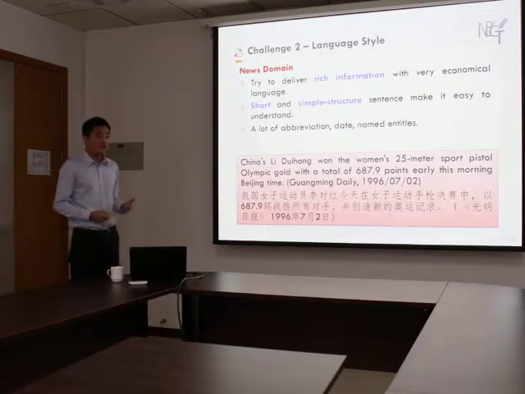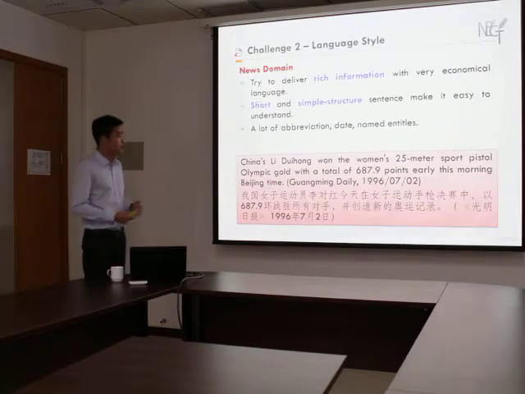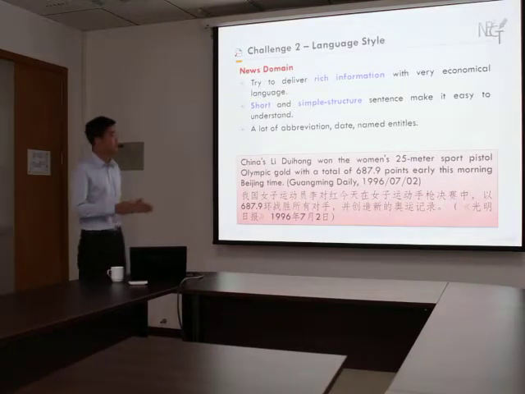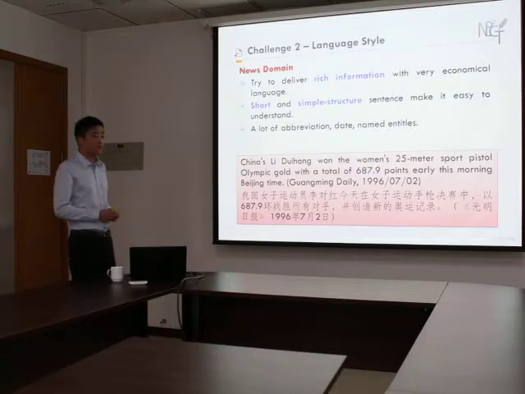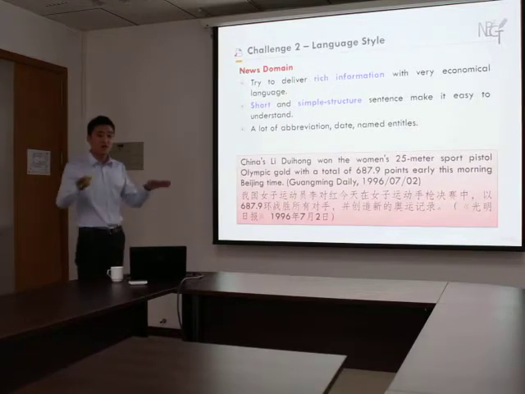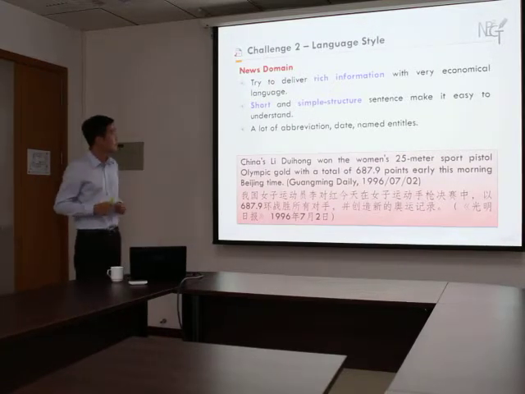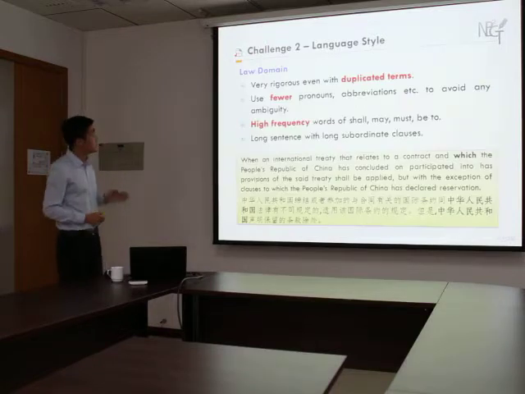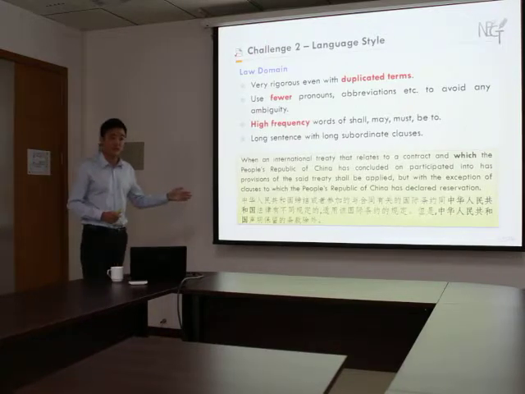The second challenge, I call it language style. By observing this news domain text, we know it tries to deliver rich information with very economical language. The sentences are short and the simple structure can make every one of us understand. But it has a lot of abbreviations, dates, and named entities. However, the legal document is totally different.